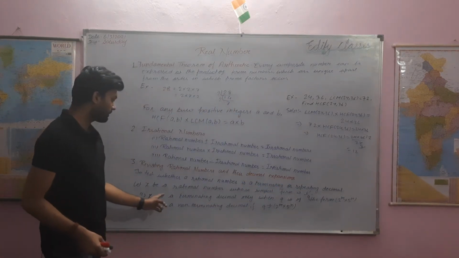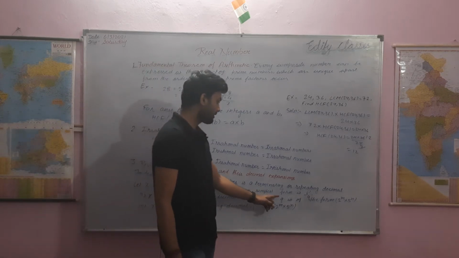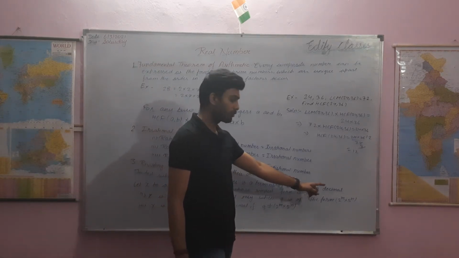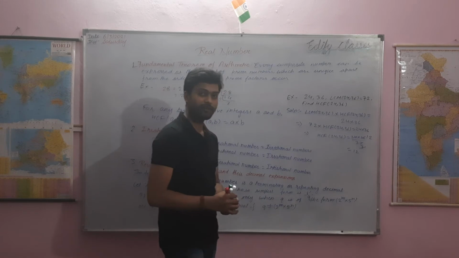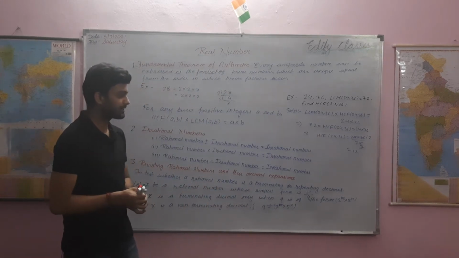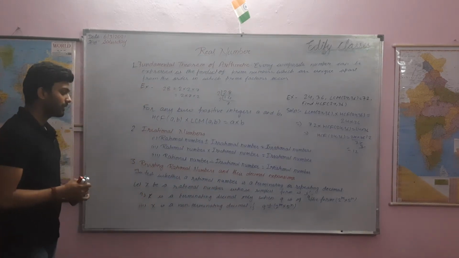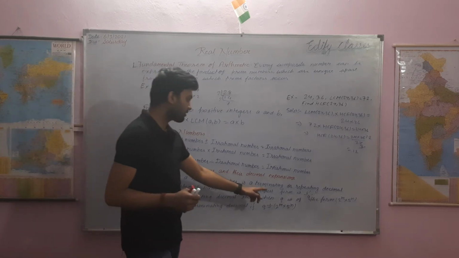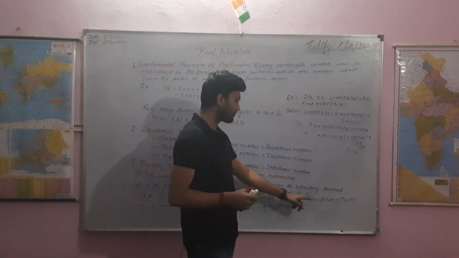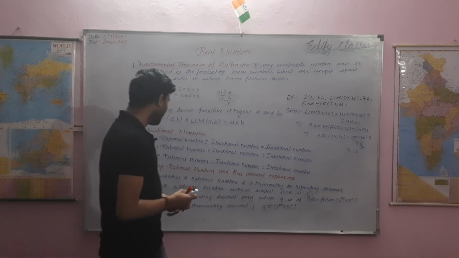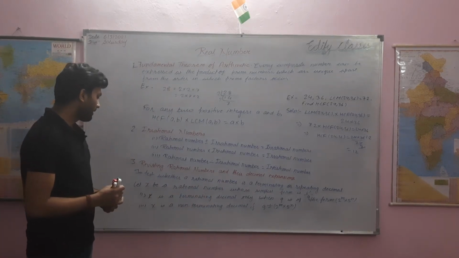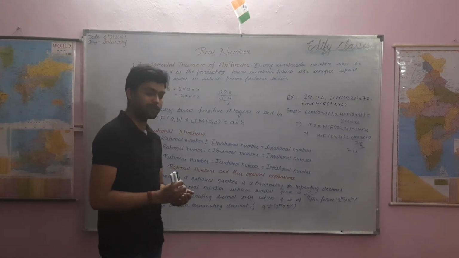Then x will be a terminating decimal only if q is of the form 2 to the power m into 5 to the power n, where m and n are non-negative integers. If the prime factorization of the denominator q is of the form 2^m into 5^n, then the number x will be terminating. Otherwise it will be a non-terminating decimal.